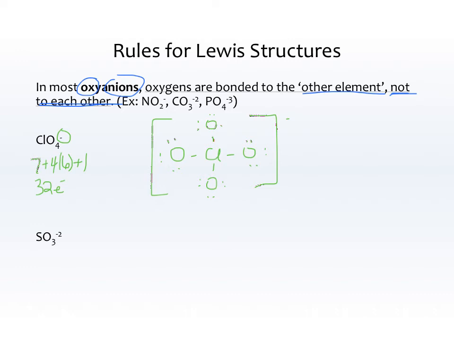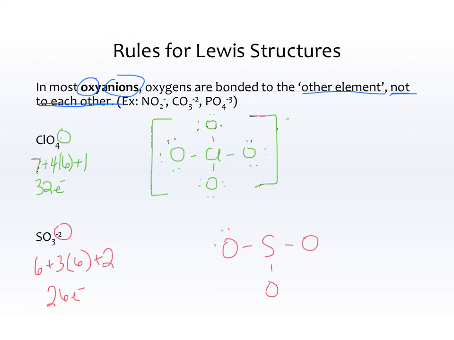For SO3 2-, we have 6 plus 3 times 6, that's 18 plus 6 is 24, plus another 2 is 26 electrons. We're going to put sulfur in the center and have the oxygens on the outside.